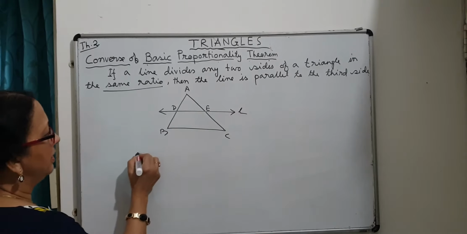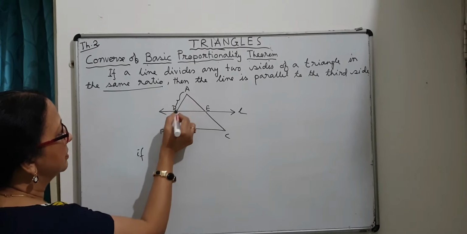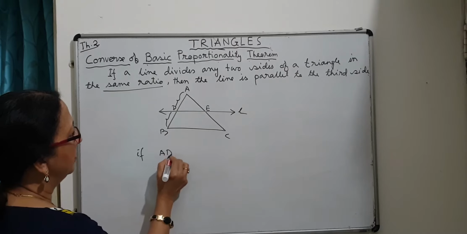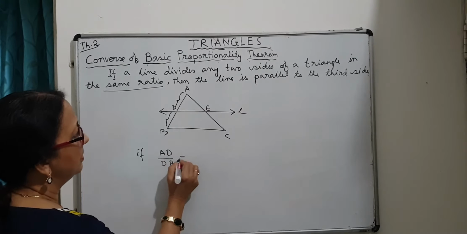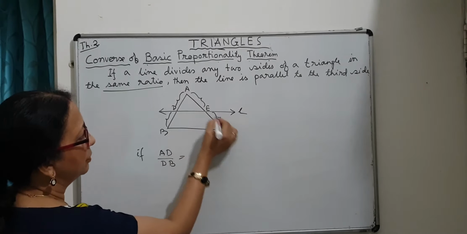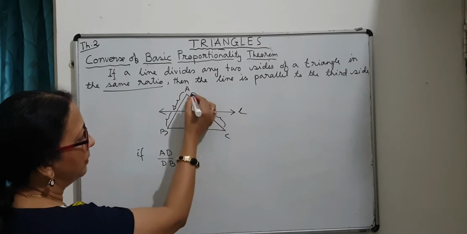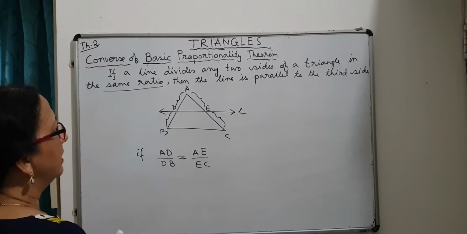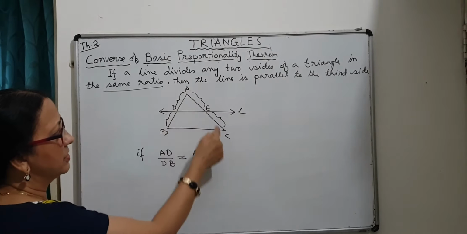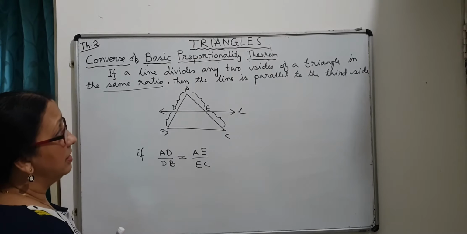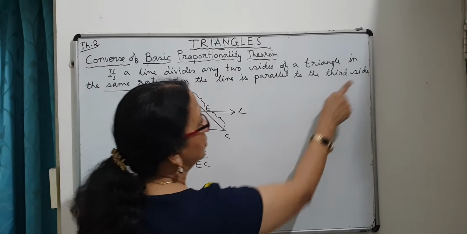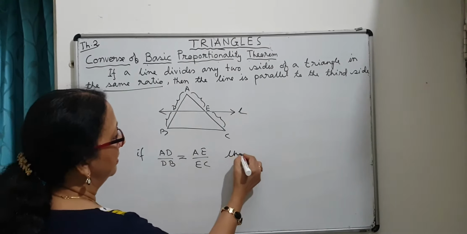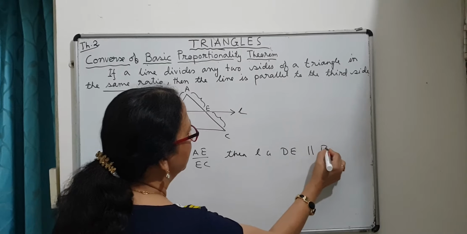That is, AD by DB is same as the ratio of the other two parts of the sides, AE by EC. It is given that this line divides these two sides in the same ratio. Then the line is parallel to the third side. Then the line L, that is DE, will be parallel to BC.